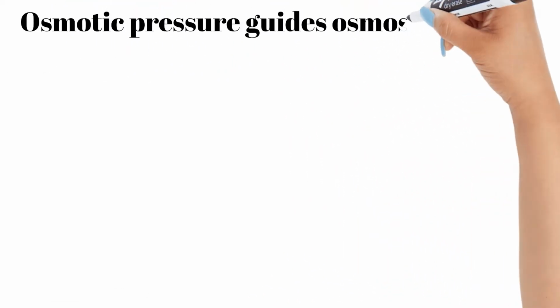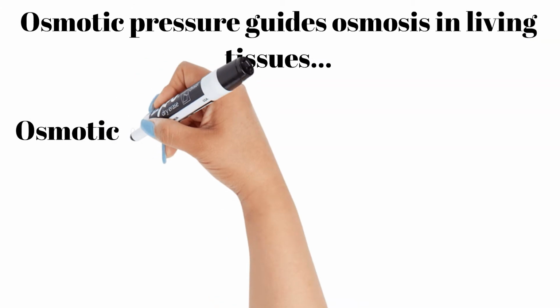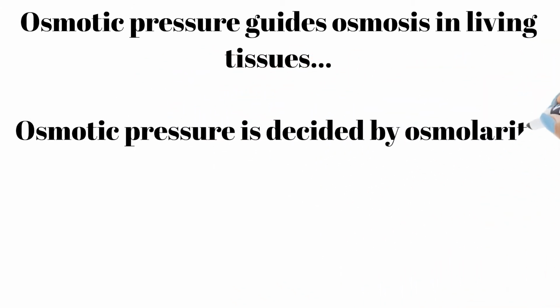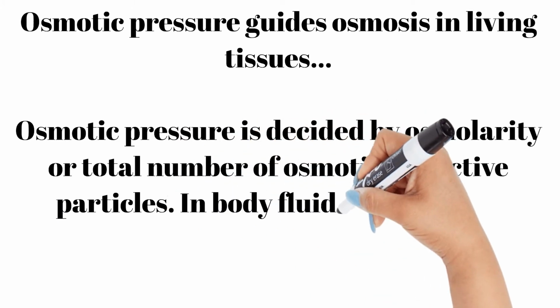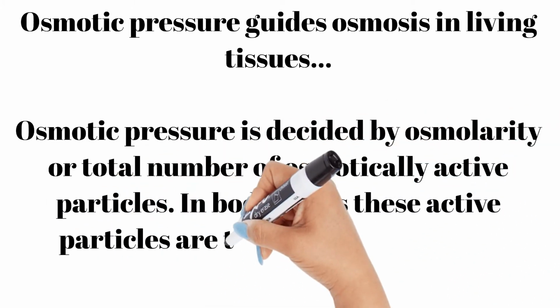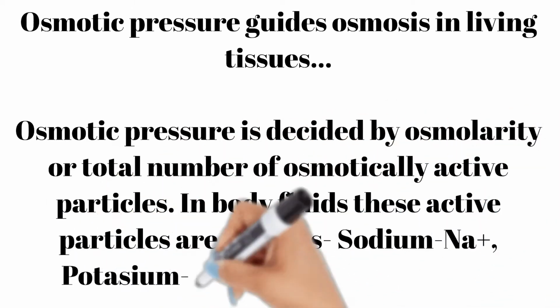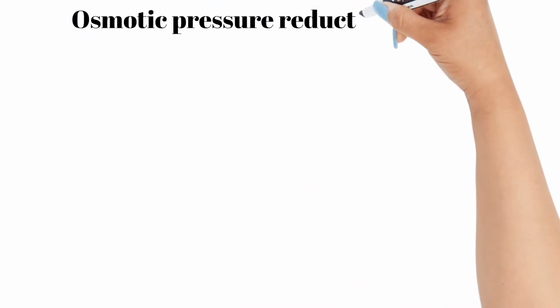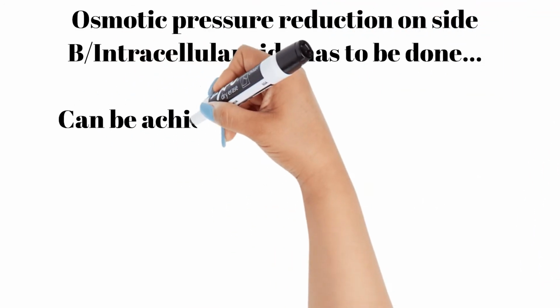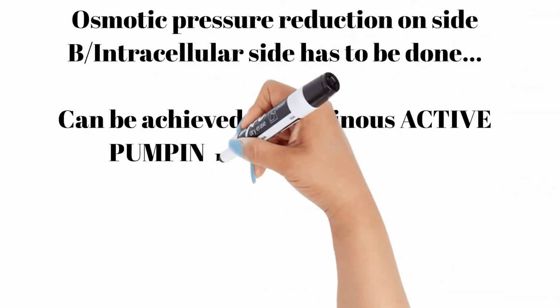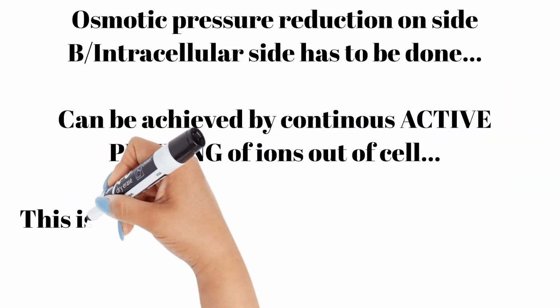Osmosis in biological tissues is associated with osmotic pressure or number of osmotically active ions. In case of body fluids, the major determinants are the sodium, potassium and chloride ions. So, to achieve our goal, we have to decrease the number of osmotically active particles on side B, or the intracellular side.